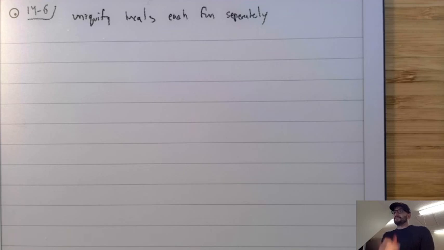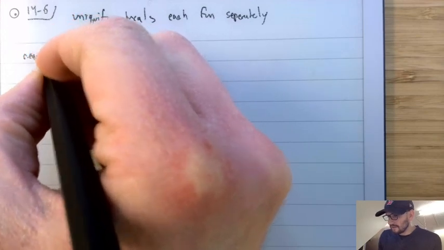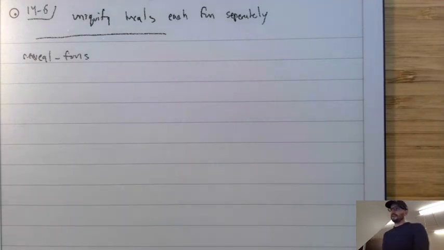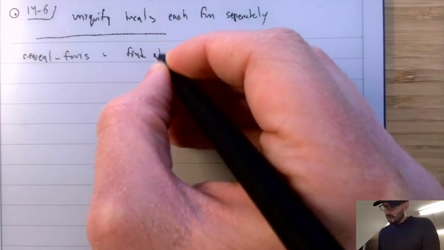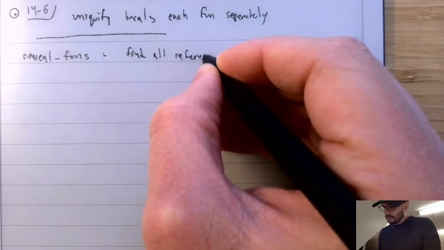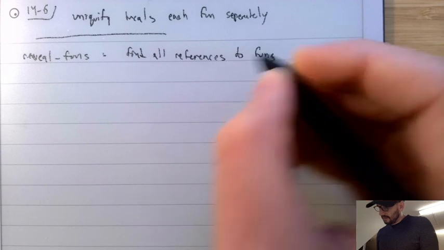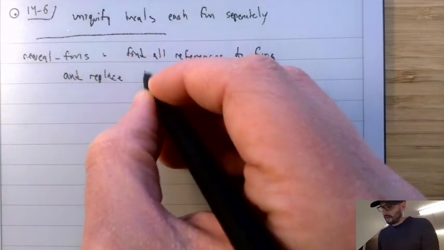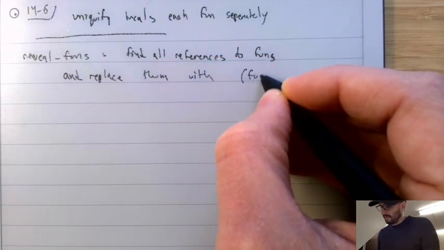Okay. The next step that you want to do is the step that's called reveal functions. The job of reveal functions is that we want to find all references to functions, funs, and replace them with this funref form.